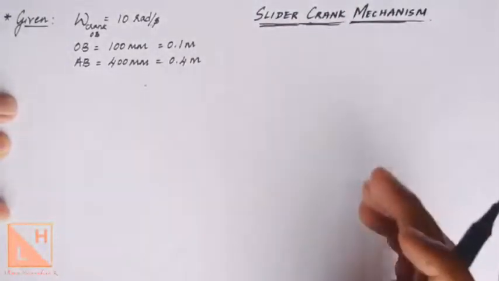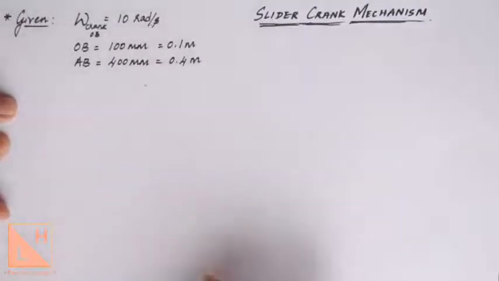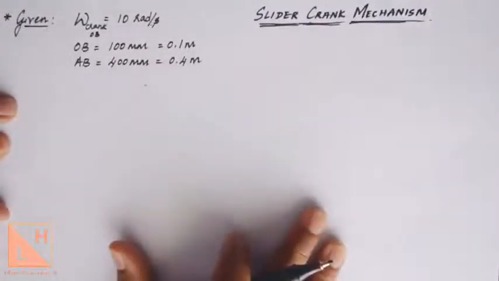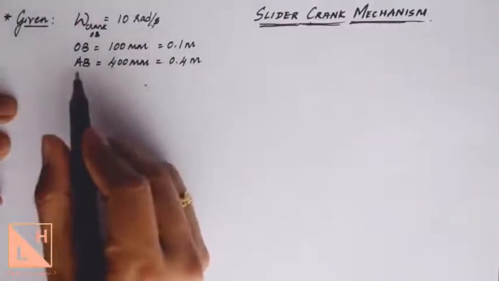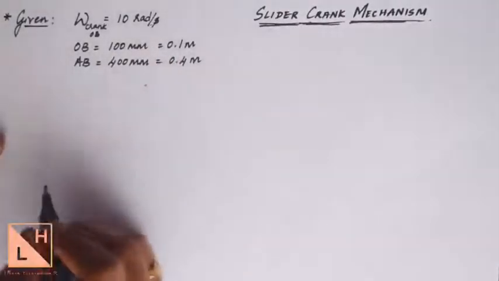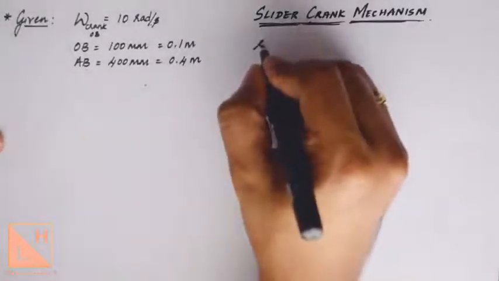You must have the capability to manage the space such that all the instantaneous centers are found in the same page, right? So here we have the crank length as 0.1 meter and the connecting rod length as 0.4 meter. So let us take a suitable scale for this particular mechanism.